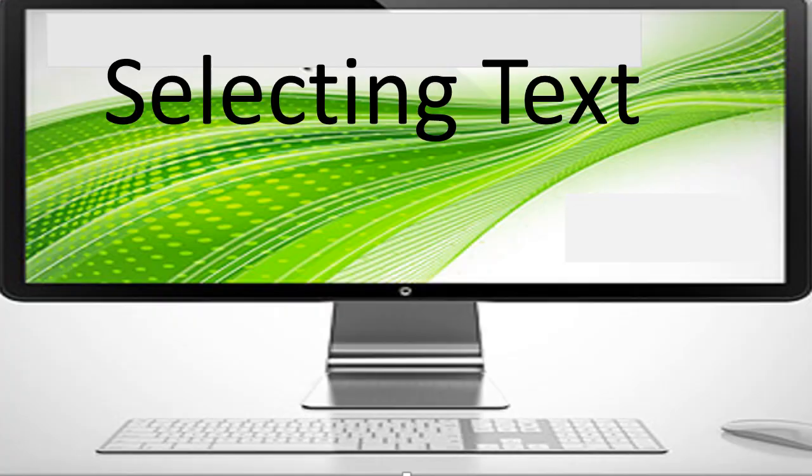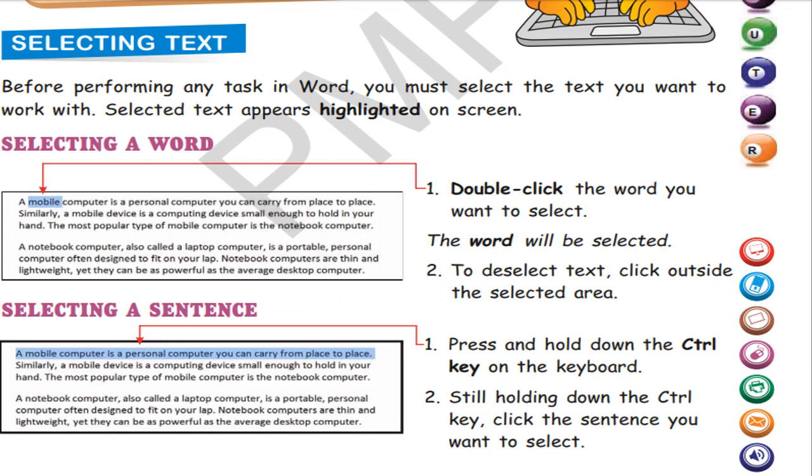Now we'll see how to select the text in Microsoft Word. If we want to select the text, we have some shortcuts. If we want to select a single word, we will double click on the word.